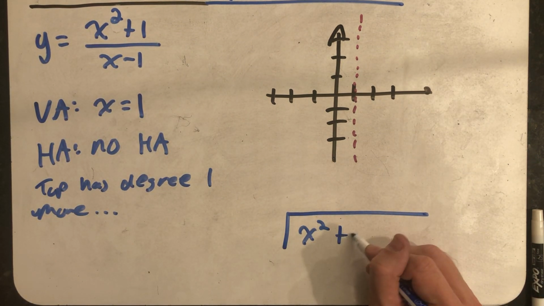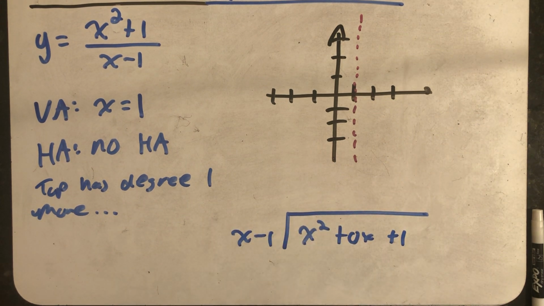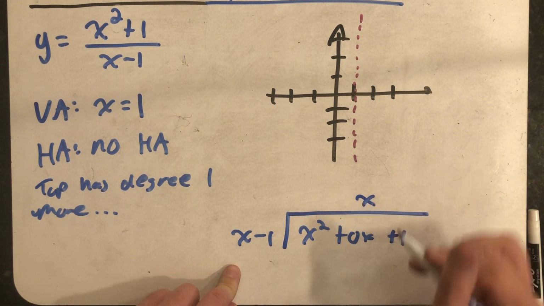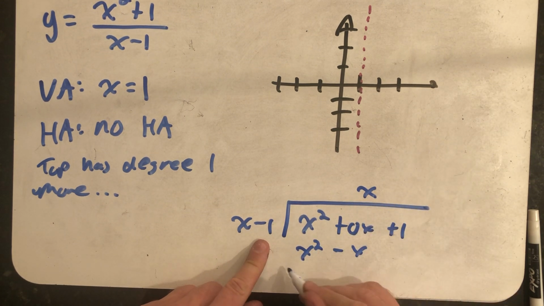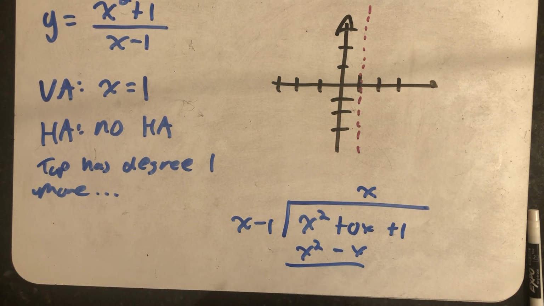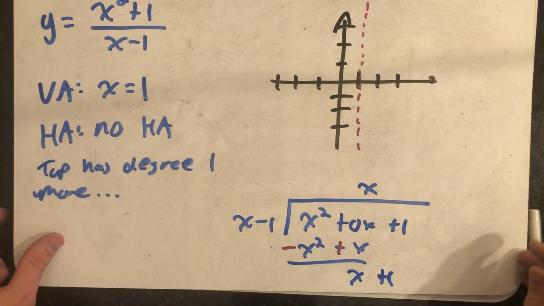So I have x squared plus 0x plus 1, and I'm dividing by x minus 1. We could use synthetic division to do this, but I feel like using long division. x times x minus 1 is x squared minus x. We need to change our signs to subtract. The x squared's cancel, that's always by design, and I have an x and a plus 1.